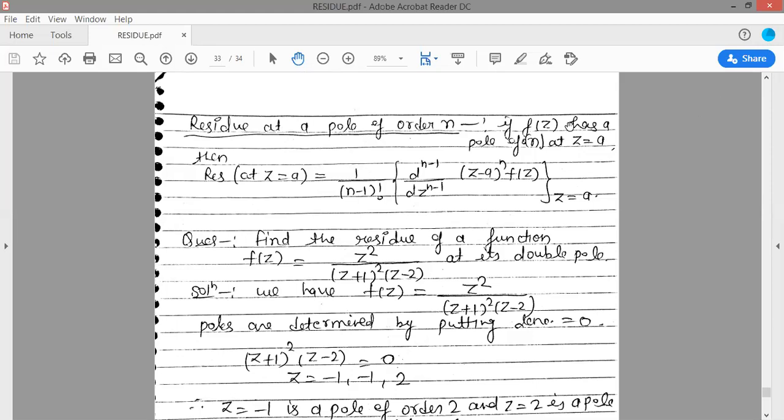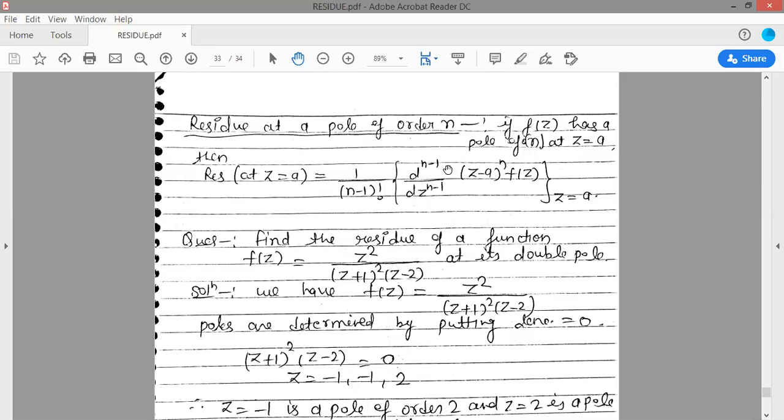So if f(z) has a pole of order n at z is equal to a, then the residue at z is equal to a is equal to 1 upon (n minus 1) factorial, d to the power n minus 1 upon dz to the power n minus 1, of (z minus a) to the power n into f(z), at z is equal to a. We are finding our residue at the pole singularity z is equal to a. So d upon dz means differentiation with respect to z.